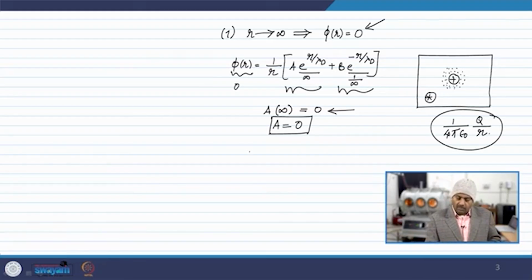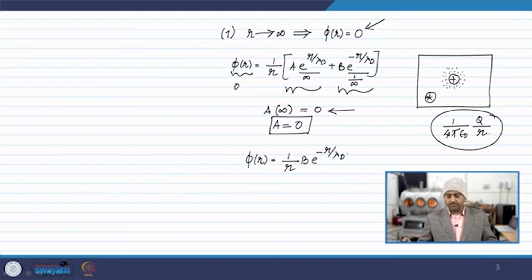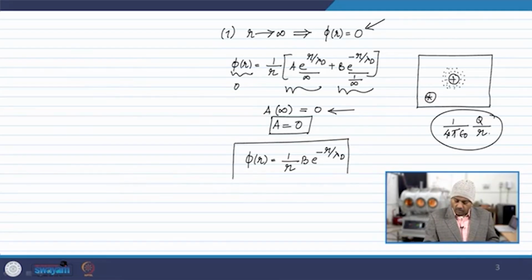So, at that point we can write the form of the potential as phi of r is 1 by r b e to the power of minus r by lambda d. You understand, this is what I have done. If you are wondering why I did not take a, I just now said b can be anything.